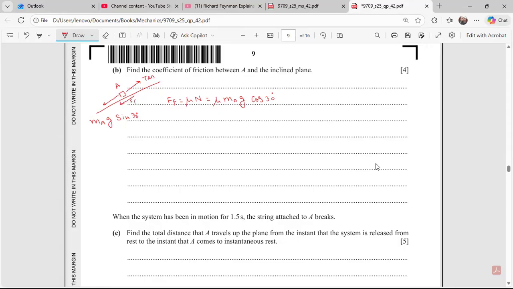So TAB is the largest, minus MA G sine of 30 degree, which is 1 by 2, and minus this force, which is mu, again MA, G, and cos of 30 degree, root 3 by 2.